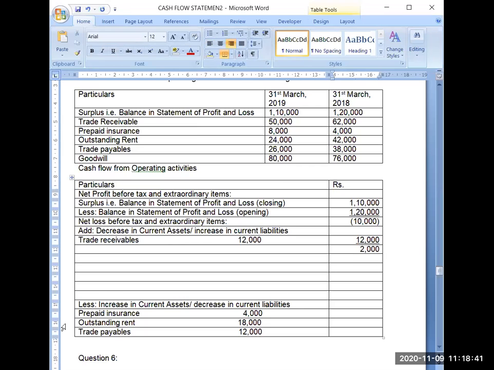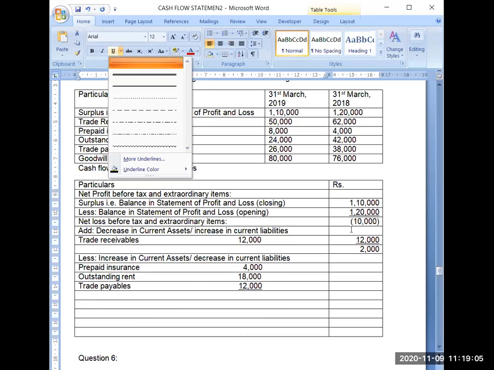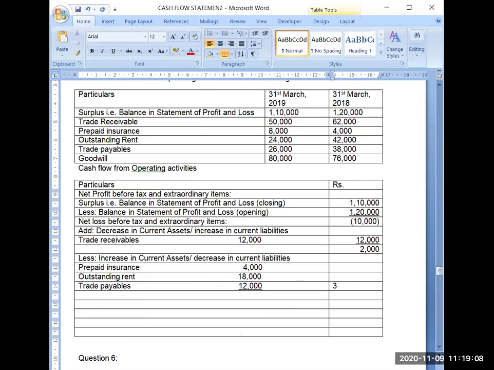Now after this, I will subtract these amounts. The total amount will be 34,000, but I have to subtract this amount.